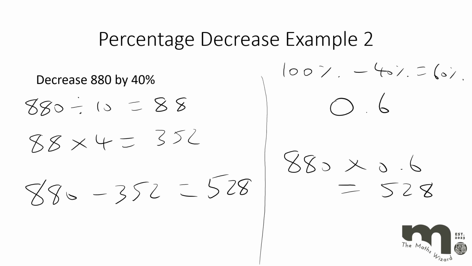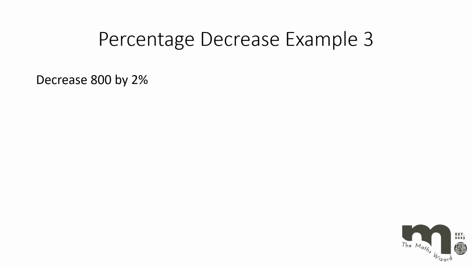Okay, let's look at our next one. So this one says decrease 800 by 2%. So I'm just going to go straight in with the multipliers with this one. So 100% minus 2% is 98%.